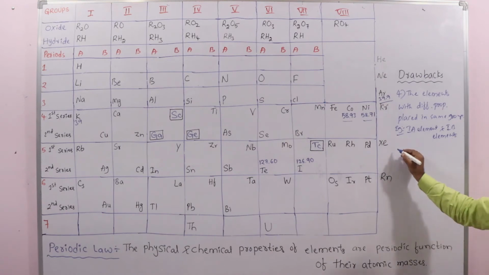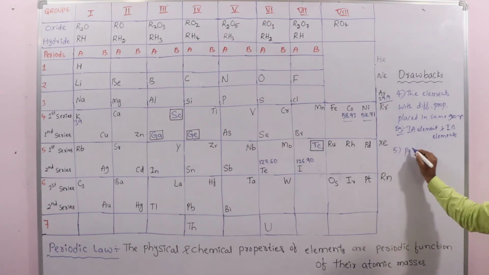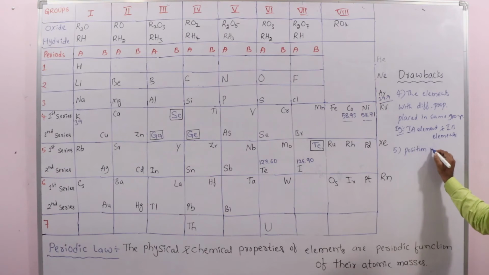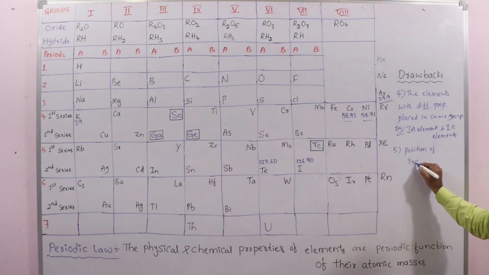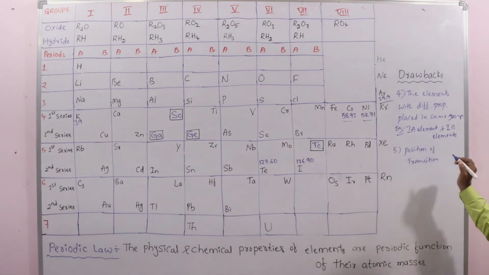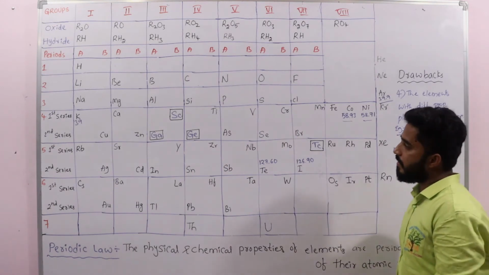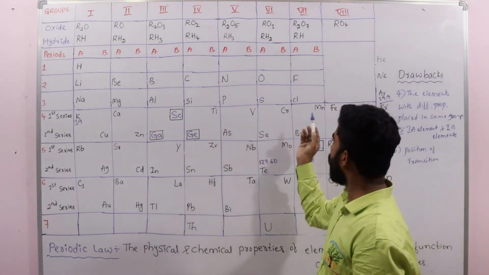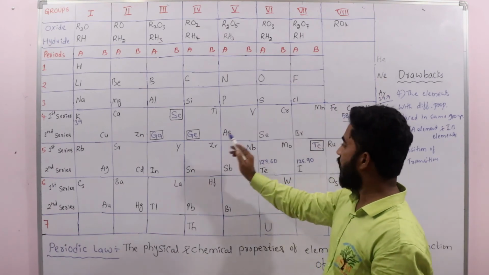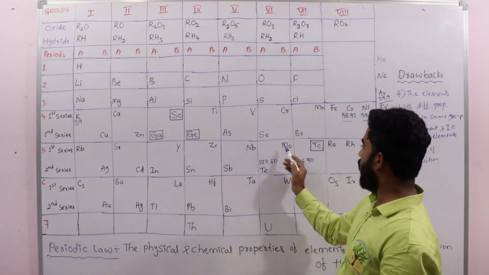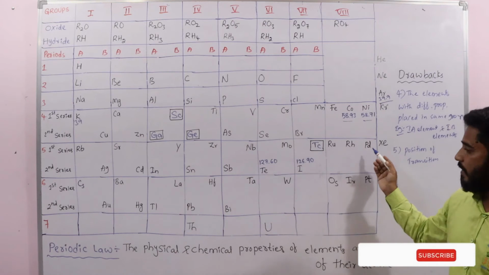Next, the position of transition elements. Where are the transition elements present? Scandium, titanium, vanadium, chromium, manganese, iron, cobalt, nickel, and yttrium, zirconium, niobium, molybdenum, technetium, ruthenium, rhodium, palladium.